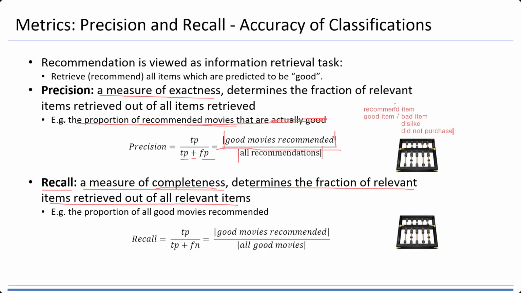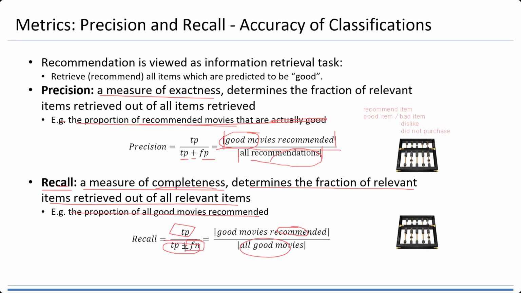So if we can distinguish the categories good and bad, then we can also make the category of recommended and good. Recall is the proportion of all good movies recommended, divided by all good movies, TP plus FN.